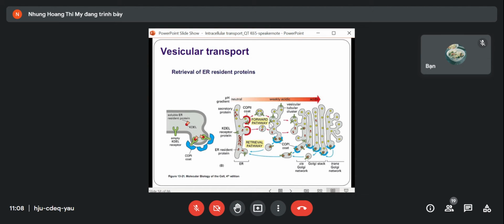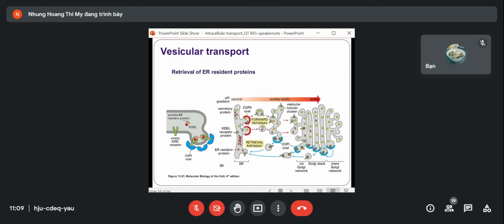After the fusion of the vesicle to the Golgi membrane, they release both the cargo protein and the soluble KDEL protein, and the KDEL receptor is now present on the Golgi membrane. One thing I would like to note here is the difference in pH value between the ER and the Golgi apparatus.